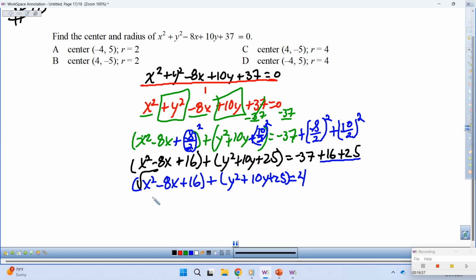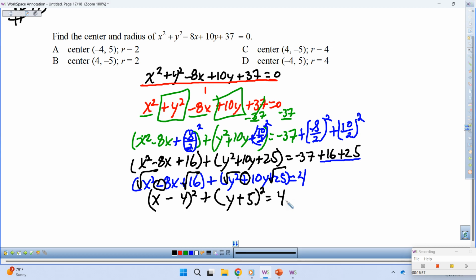Factor, right? Square root of the first, square root of the last term, sign of the middle, squared, plus square root of the first, square root of the last term, sign of the middle, squared, and all that equals 4.